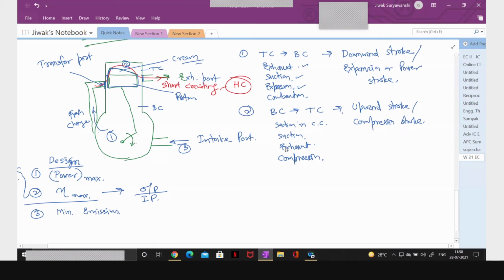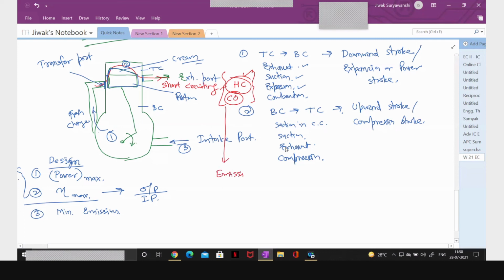Some hydrocarbon remains unutilized, again increasing unburned hydrocarbon, and some is not burned completely, so that increases CO emission. And these are regulated as per the emission norms.